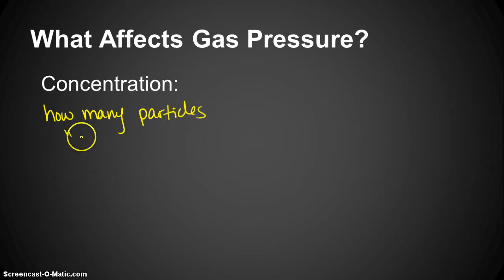Or another way to think about this would be the density of the particles. Well, the more crowded the particles are, the more dense they are, the more likely they're going to run into the walls of the container. This is very much the same concept as decreasing the volume. When you decrease the volume, you increase the density or the concentration of the particles in that space.